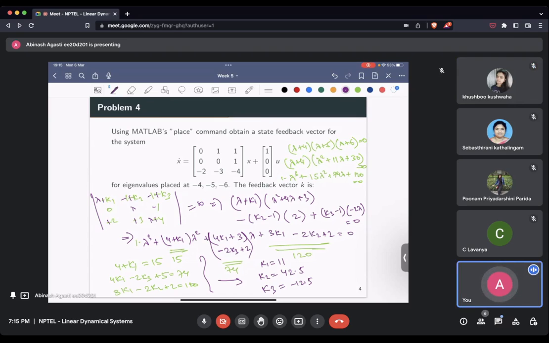K1 is 11, correct. Now 33 minus. Should this be minus? Yes, sir, minus. Then this is 44.